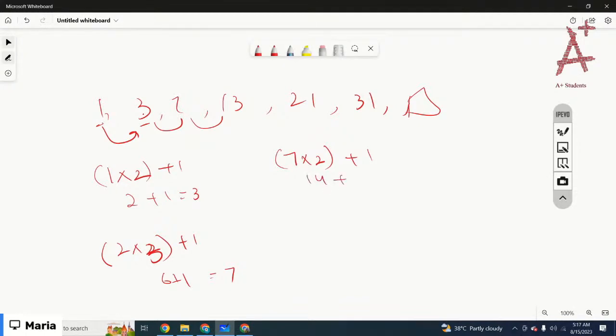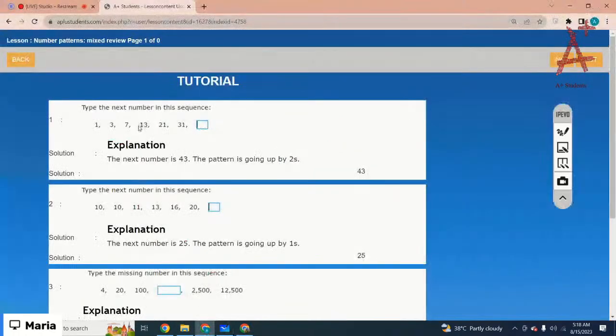So 7 times 2 is 14 plus 1, it would be 15 then. Hold on. 13 it is.